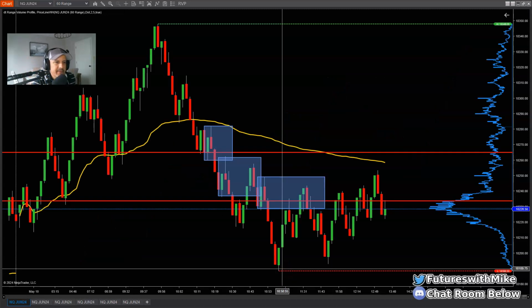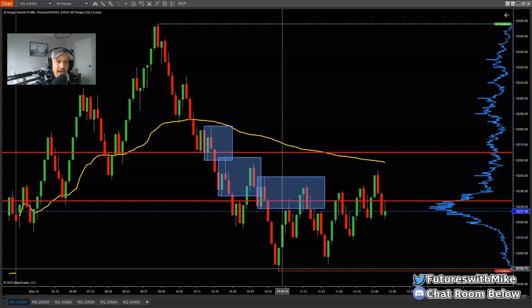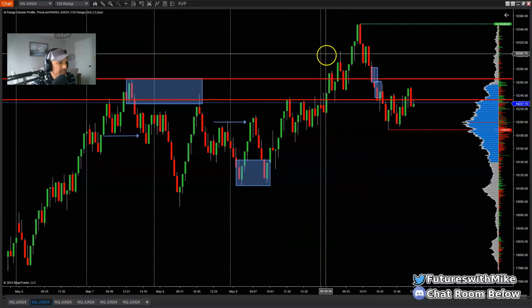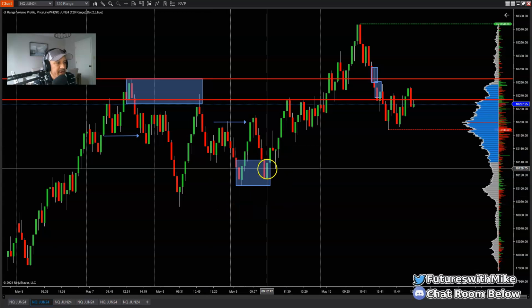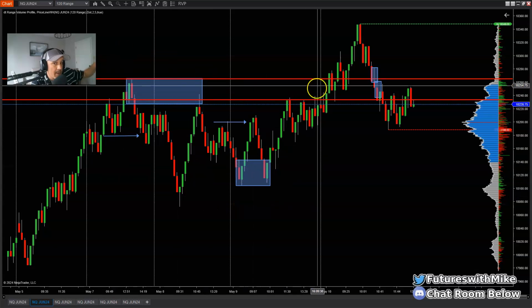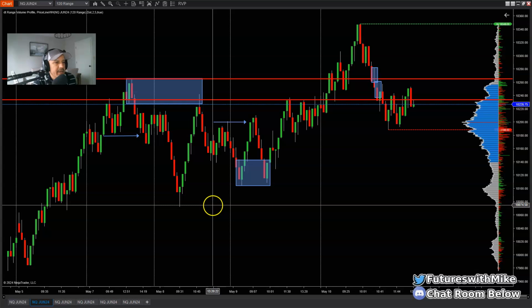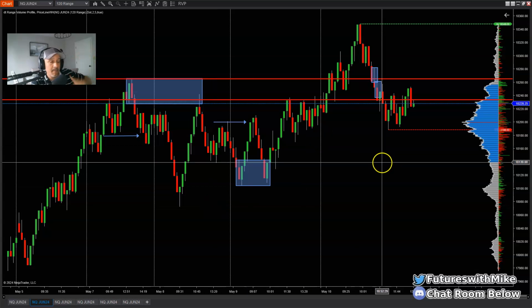until the market actually shows its hand in a different direction, meaning we start taking out some major area of structure, even from a higher base standpoint. So here, if we start running structure back to the downside and we take out this minor area of structure from a higher base chart, and then we break this major low right here, then we're definitely moving to the downside.